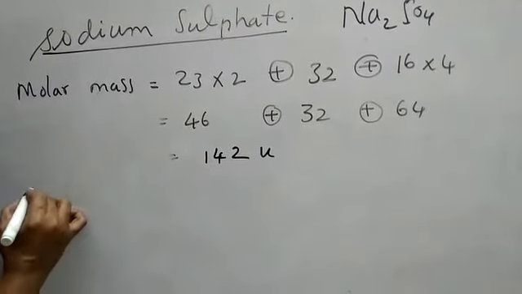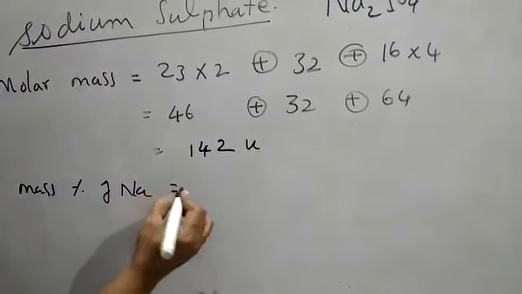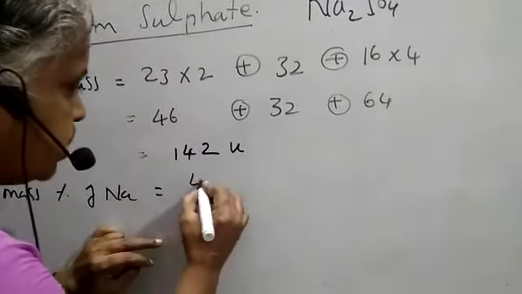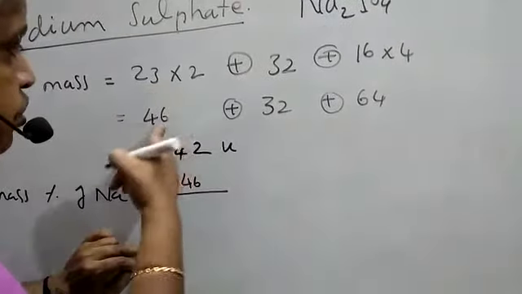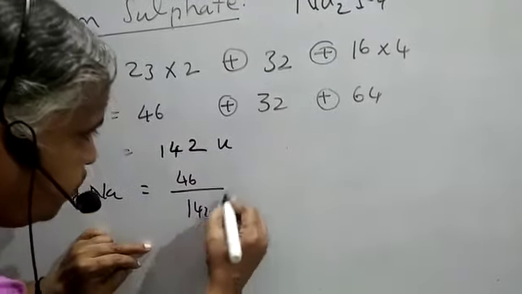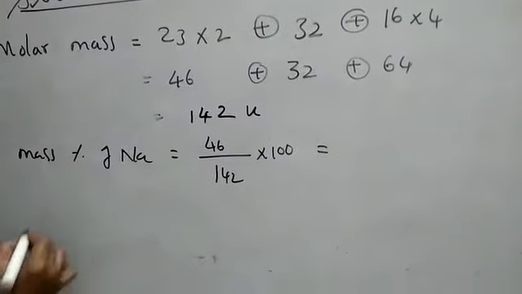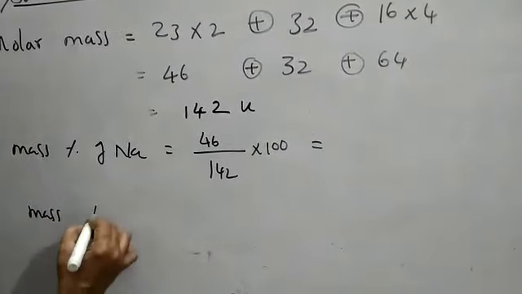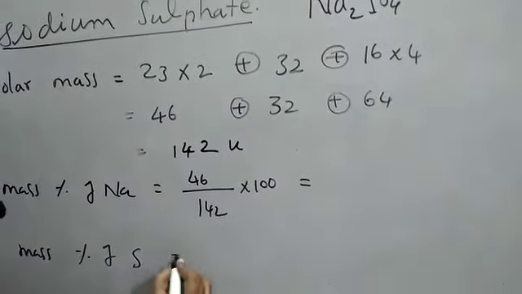You have to calculate the mass percentage of sodium is equal to, what is the weight of sodium is 46, because you have provided the 2 sodium. Divide by 142 into 100. This is the percentage of your sodium. Next one is mass percentage of sulfur.